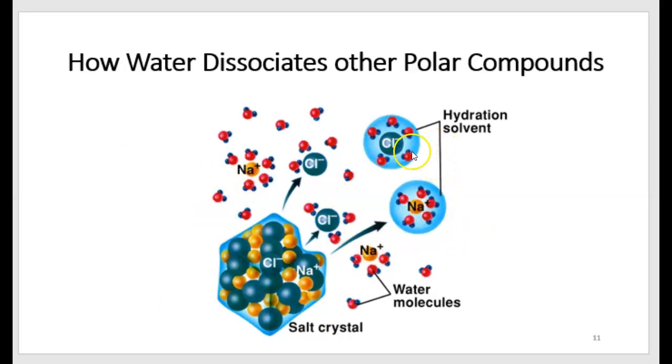So for example, notice that the chlorine shown here of salt, which is an anion, is attracted to the positive hydrogens, or partially positive hydrogens, in water. And then the opposite would be true for sodium. You're not going to be expected to write out this level of detail, but it's kind of important to see why water would dissolve a polar compound.